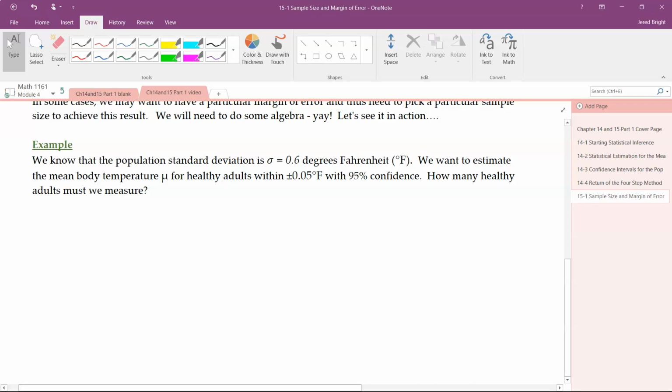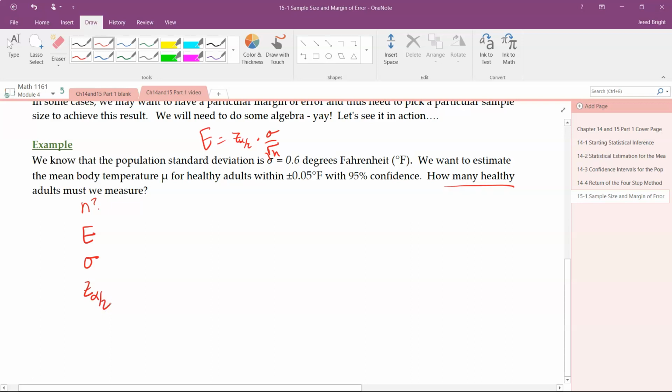We have some temperatures going on, and we remember that our margin of error is z alpha over 2 times sigma over root n, and we're being asked to find n. That means we must know E, we must know sigma, and we must know the z alpha over 2.